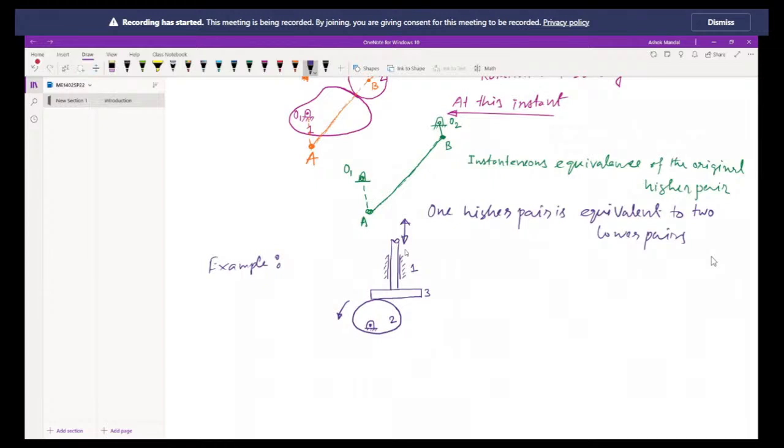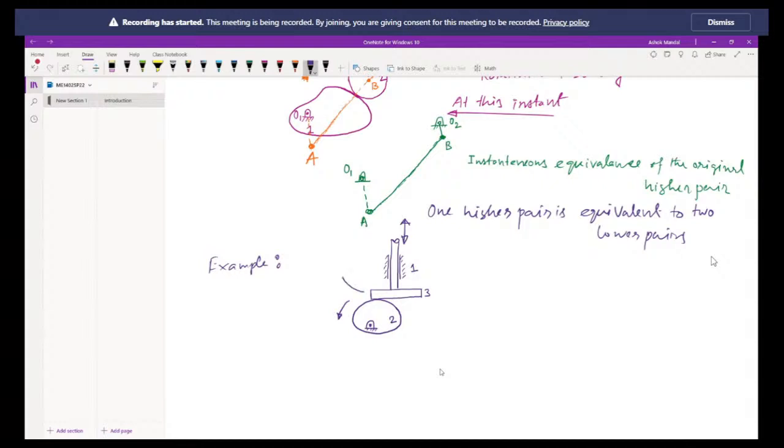And if you arrange some spring here, then again it will go down when this part of the surface comes in touch with this follower. So this is a CAM follower mechanism.